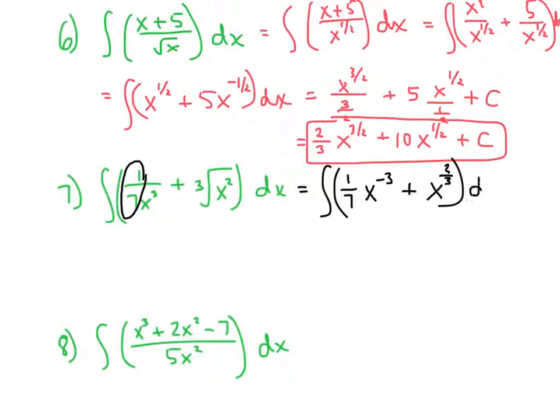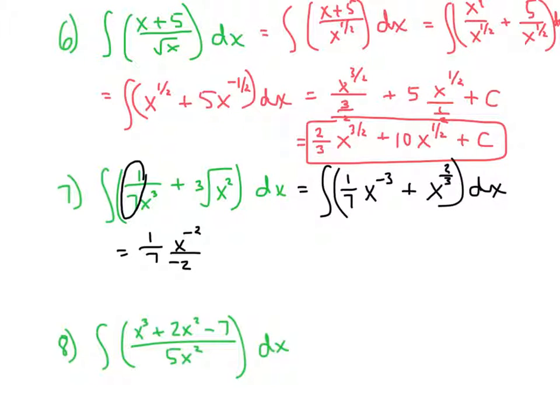Okay, so I've rewritten that, and now I have exponents that I can go ahead and take the integral. So the 1/7 is the constant that comes in front. And then the integral of x to the negative 3 would be x to the negative, add 1 to negative 3, negative 2, divided by negative 2.